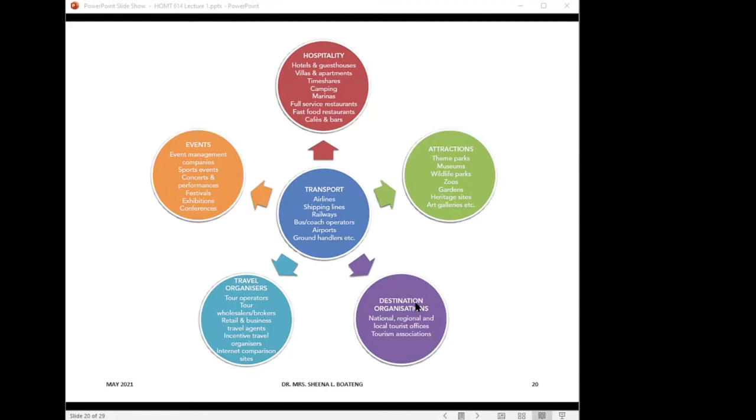And all these are classified under events, as well as exhibitions, which are usually handled by the Ghana Trade Fair Authority, especially the exhibitions at the national level. So currently we have consumer trade shows that are being organized by the Ghana Trade Fair Authority. And then we have consumer shows, and then trade shows.